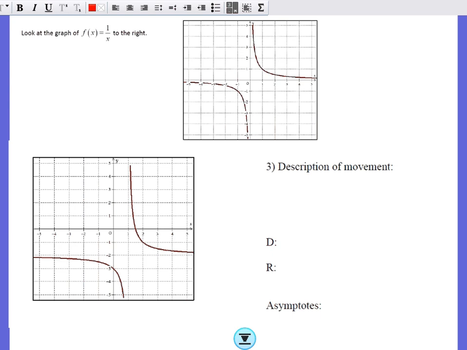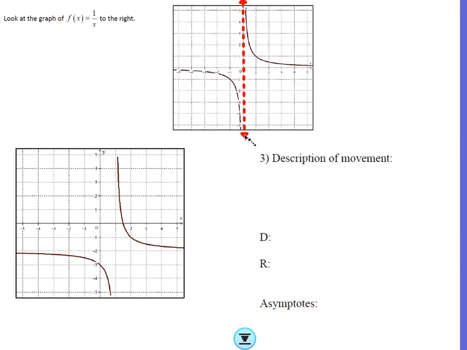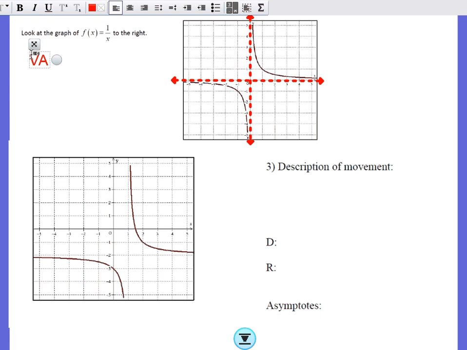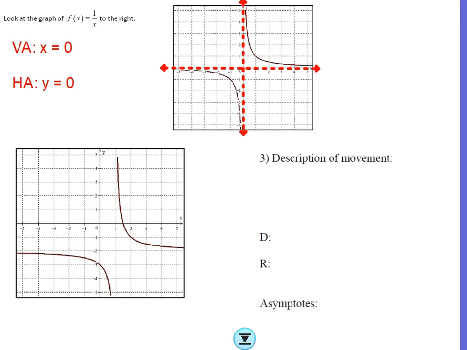All right, and number 3, again, I put my parent graph up here at the top, 1 over x. My parent graph has a vertical asymptote of x equals 0 and a horizontal asymptote of y equals 0. If we look at number 3, we can see that we have new asymptote locations here.